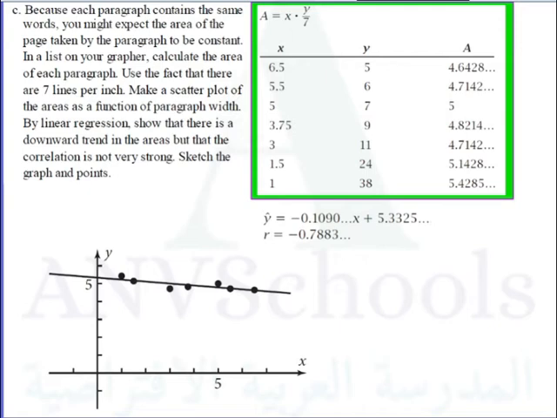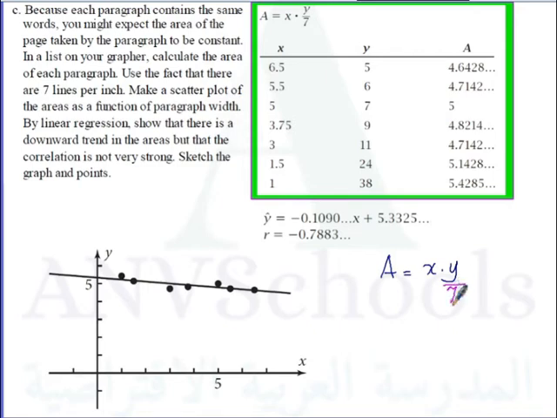So what is the area? X times y over 7. Area is supposed to be x times y, but since there are 7 lines per inch, we have to divide this by 7, right?